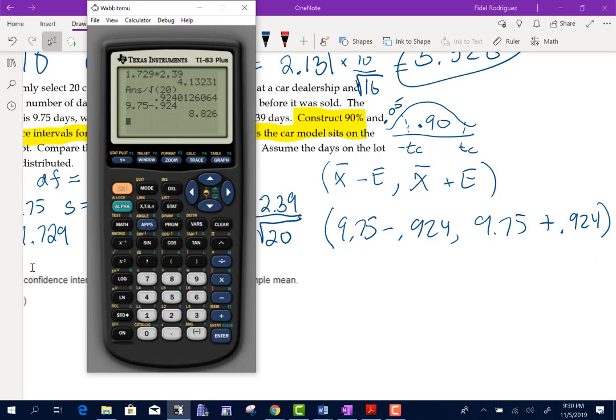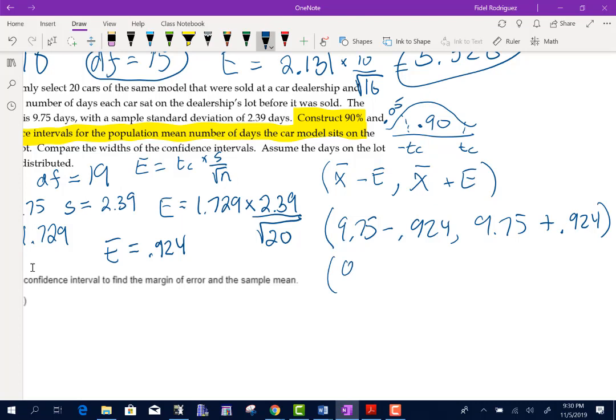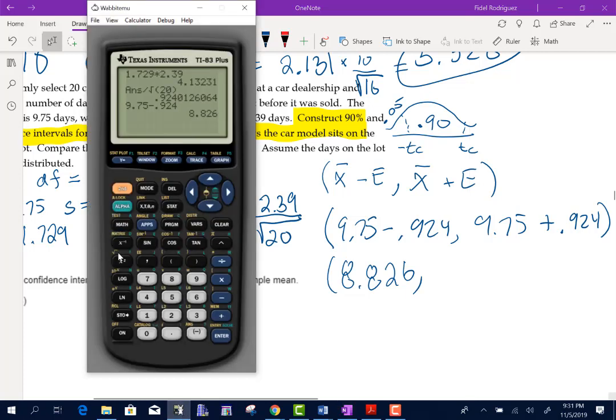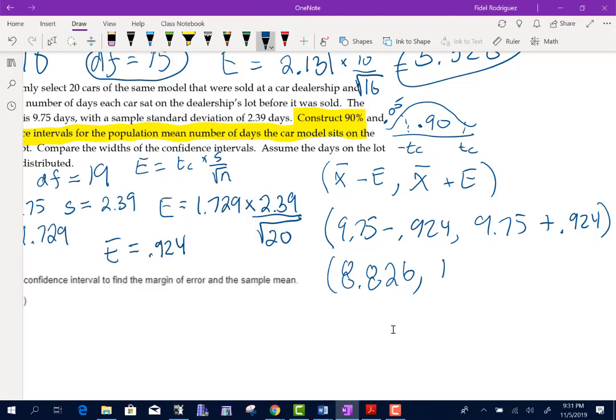So 8.826. Then don't I have to do the same thing, but instead of minus, I'm going to do what? Okay, so I'm going to come back over here, put a plus right there, and hit enter. 10.674. Did y'all see the second entry, just going back and changing the minus to a plus? Small things like that help you with time. 10.674, right?